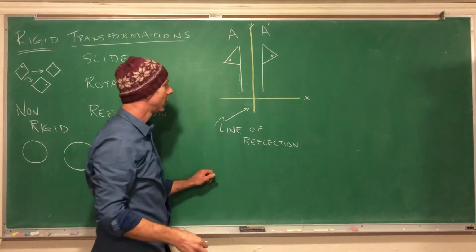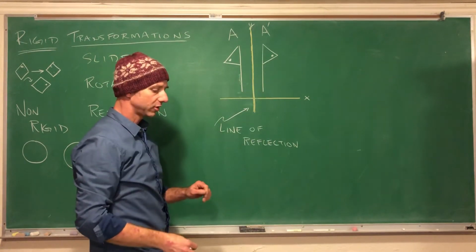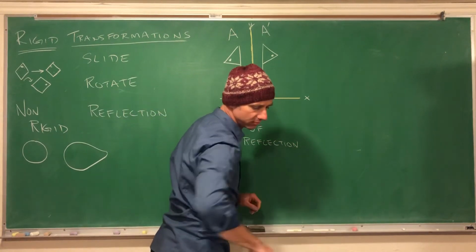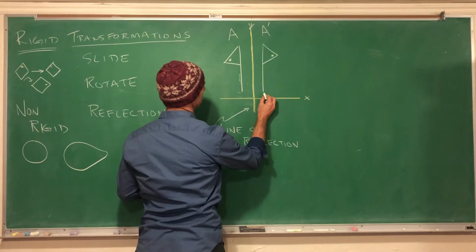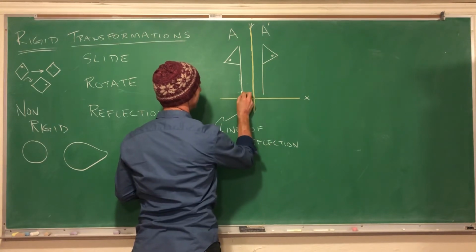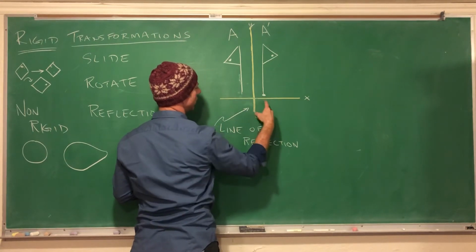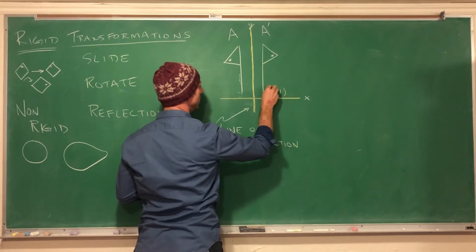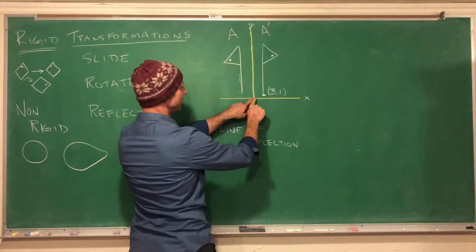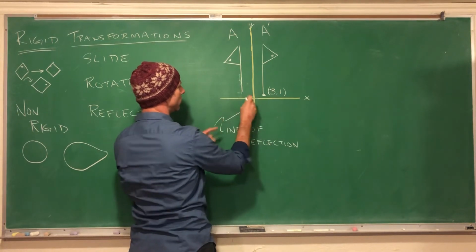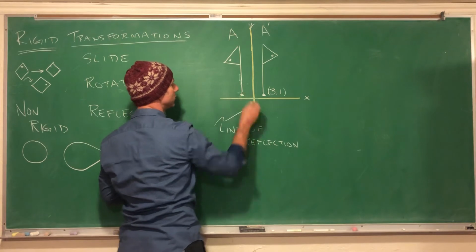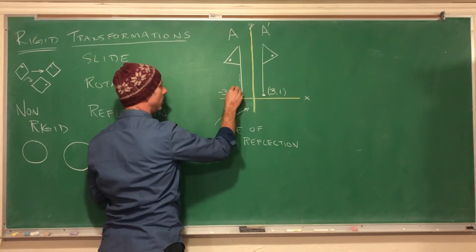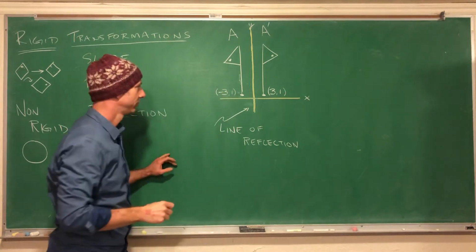Okay, and let's put some points on here. I'm going to call this point 3, 1. And because it's reflected, it's the same distance away, this point here is going to be minus 3, 1.